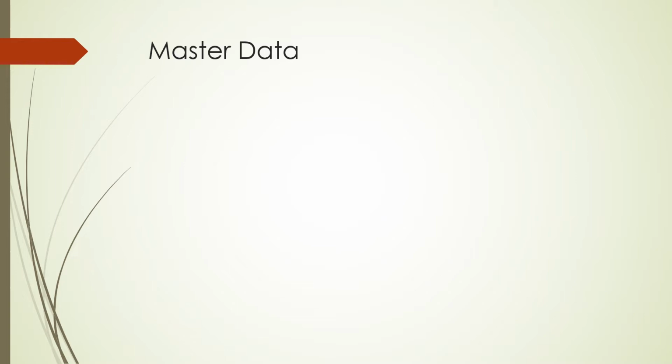A few examples of master data or core entities. One of the core entities is customer data. No matter which type of business you are dealing with, there will be customers. So customer data is one of the most important and major types of master data available across all the realms of data analytics.